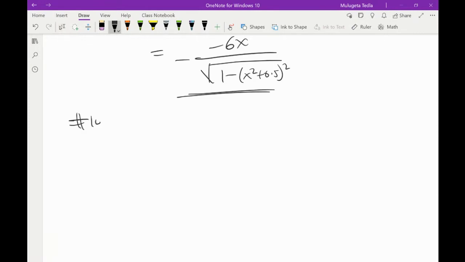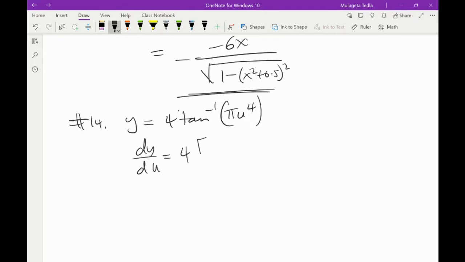Number 14, y equal to 4 tan inverse of pi u to the 4. So this is your u, technically your angle. So dy by du is 4 has nothing, and then what is the inverse tan formula?